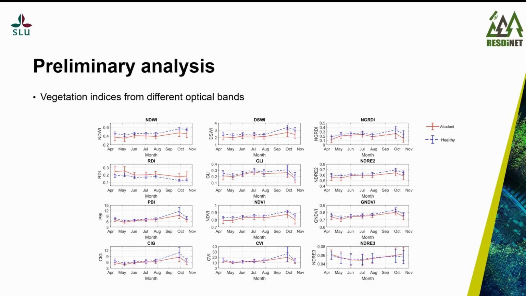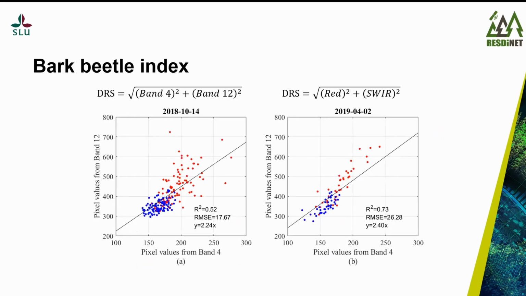So we aim to see different possibilities, and this is what we call bark beetle indices that we create. We have observed this linear relation between the red band and the SWIR band, and as we can see, the red dots are the attacked trees.